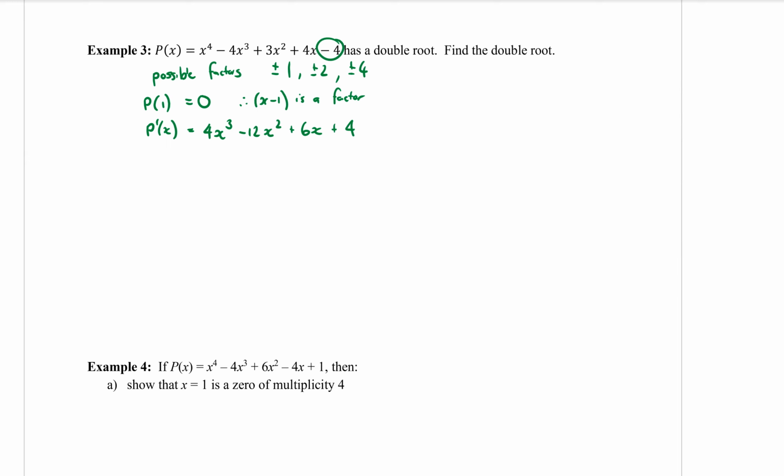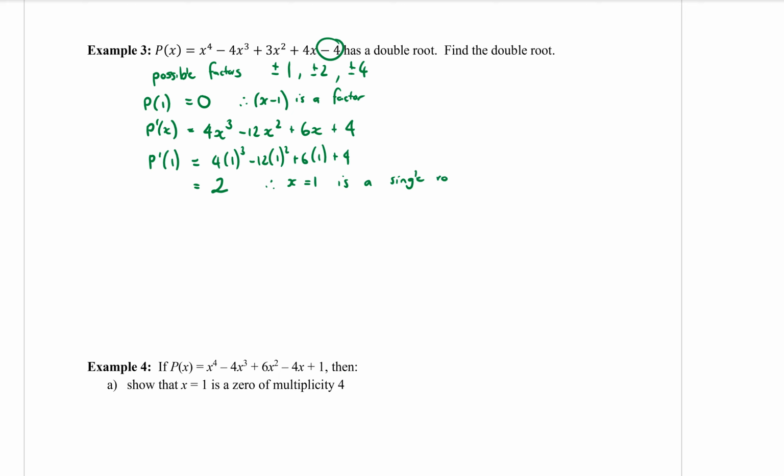Now, if the 1 is my double root, then it should equal 0 when I sub 1 into that derivative. 4 times 1 cubed minus 12 times 1 squared plus 6 times 1 plus 4. That equals 2, which means that x is equal to 1 is a single root.